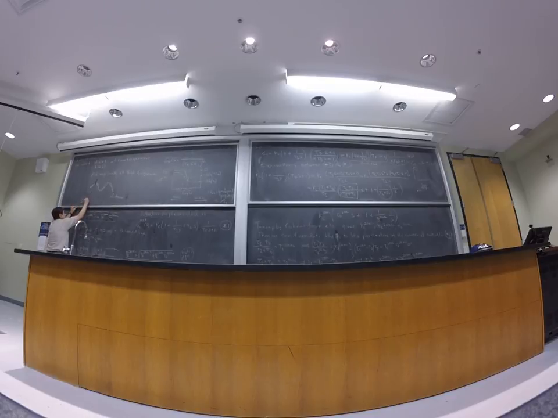If tau D ideal is 0, then tau D becomes tau I ideal plus minus the square root of tau I ideal squared over 2 squared, because this guy is 0.